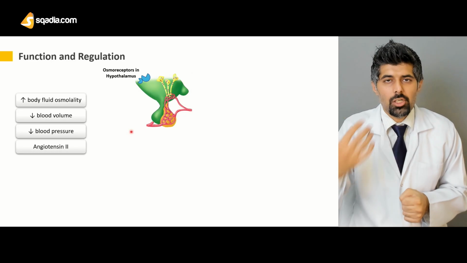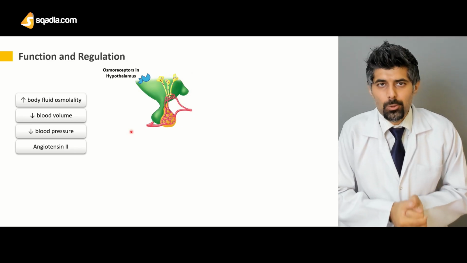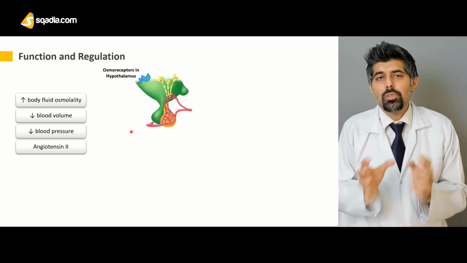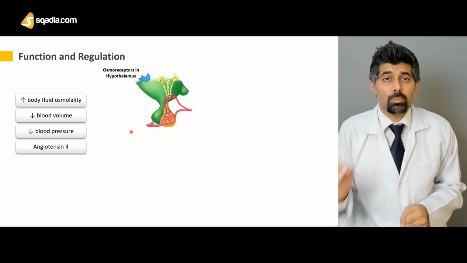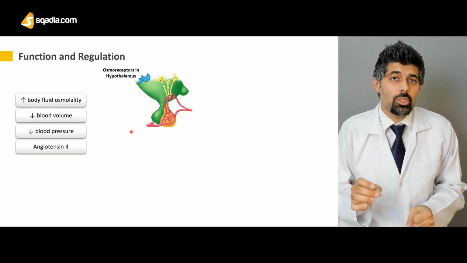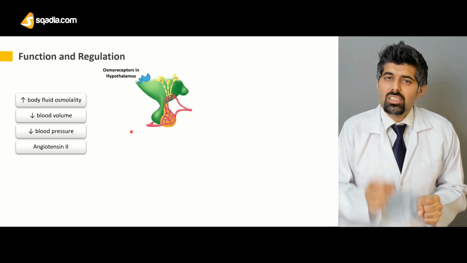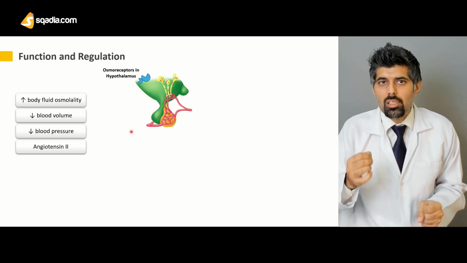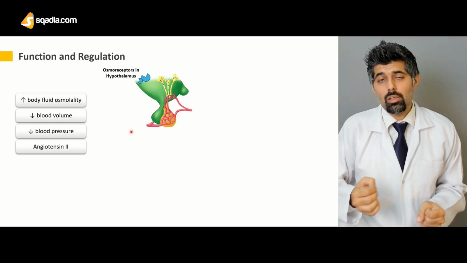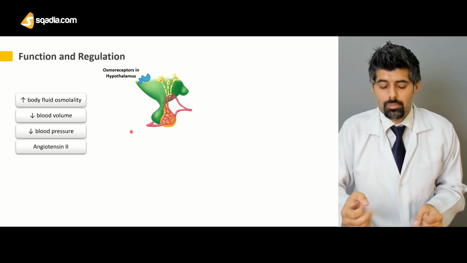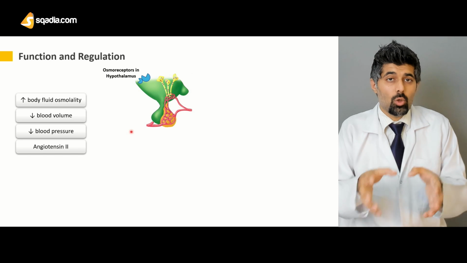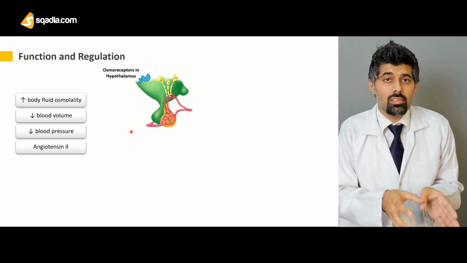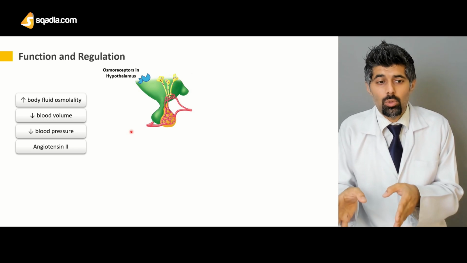There is an increased amount of angiotensin 2, and because we know that angiotensin 2 is the most potent vasoconstrictor found in the body, even a slight increase in the amount of angiotensin 2 can result in a vast increase of the blood pressure. So that too can cause the release of the ADH hormone.